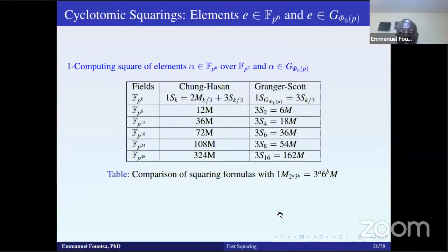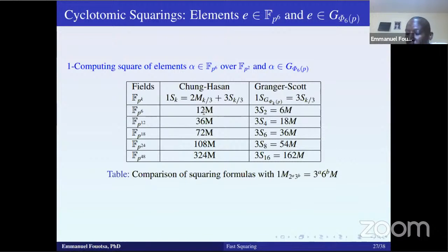So we can summarize it here. We have seen that if we are working in an extension FP6, then the cost of squaring was exactly 3 squarings in FP2, which is 6 multiplications. And the classical method of computing a square in FP6 costs 12m, the earlier method I just explained.